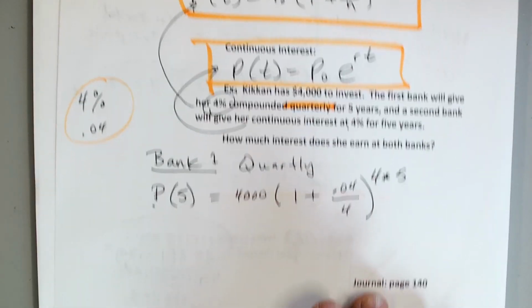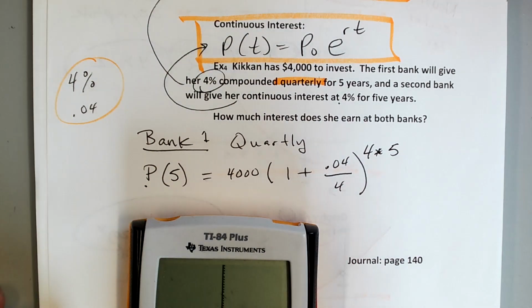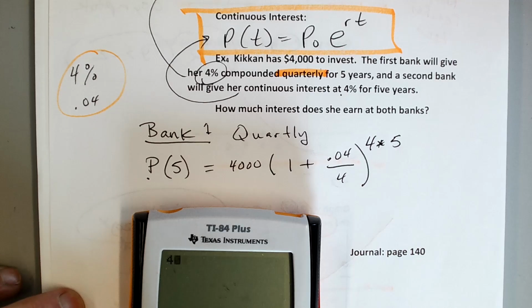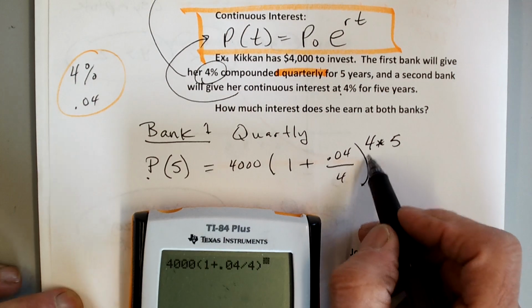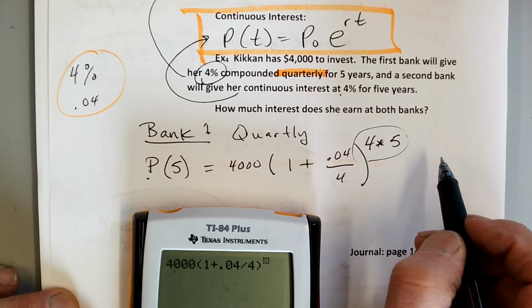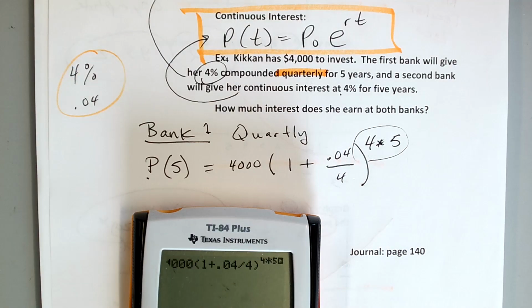So let's see how much money Keegan's going to make at our first bank. All right, so I'm going to need a calculator. Okay, 4,000 parentheses 1 plus 0.04 divided by 4, because quarterly, to the power of 20, right? You guys agree with the number 20? Or I can just go 4 times 5, but it's the same thing.